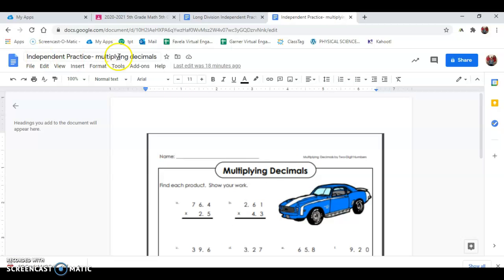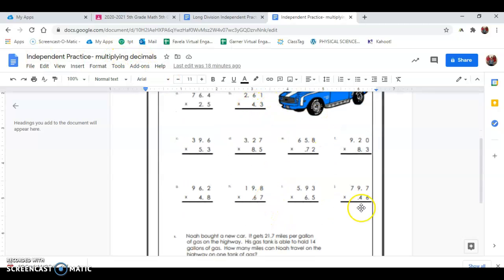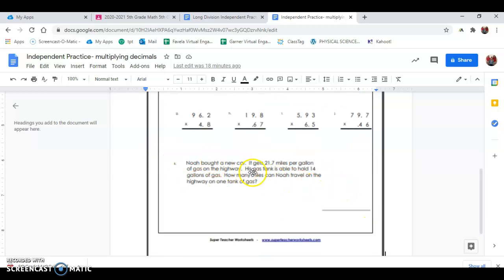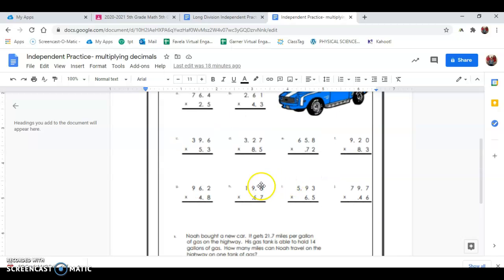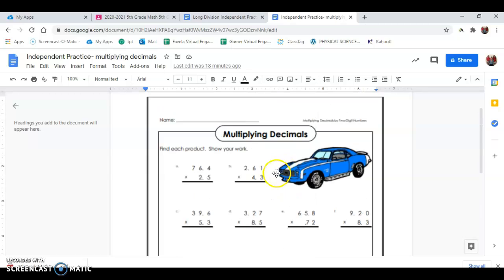It says independent practice multiplying decimals, and you have 10 equations, and then you have word problems where these are decimals and it is bigger and it does get harder. So make sure that you take your time, go through the steps, write these down on a piece of paper and go through the steps. If you have questions, remember to ask me, and I will see you here in just a little bit.